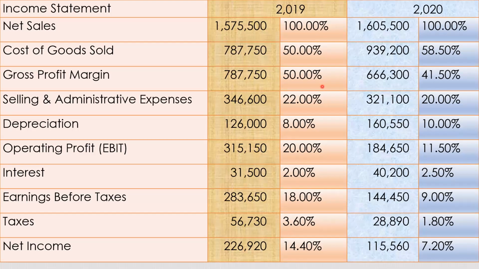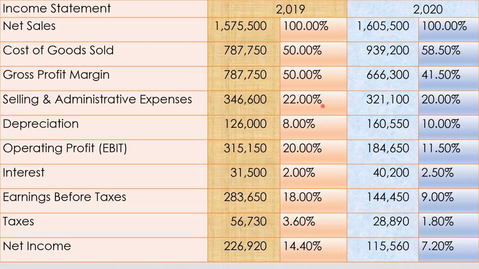Now let's go to selling and administrative expenses. Here they have differentiated the selling and administrative expenses and depreciation. You can see the selling and administration expenses have decreased in 2020 compared to 2019.